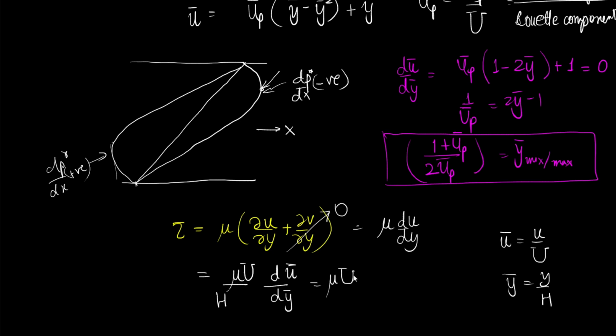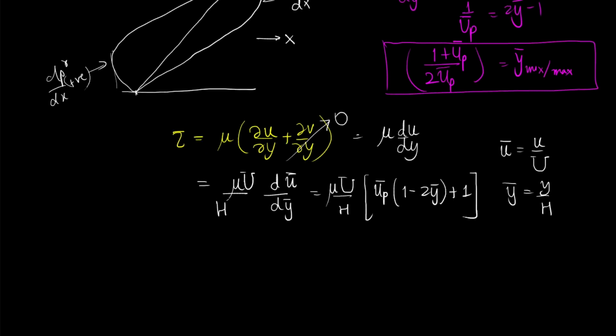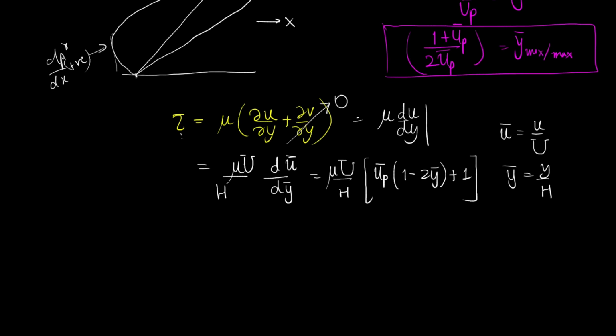So it is mu capital U upon h du bar upon dy bar, and for du bar upon dy bar we can simply write down the expression: up bar times (1 minus 2y bar) plus 1. We have to evaluate all this at the wall, so tau wall will be at y equal to 0. So at y equal to 0, we have mu capital U by h times (up bar plus 1).